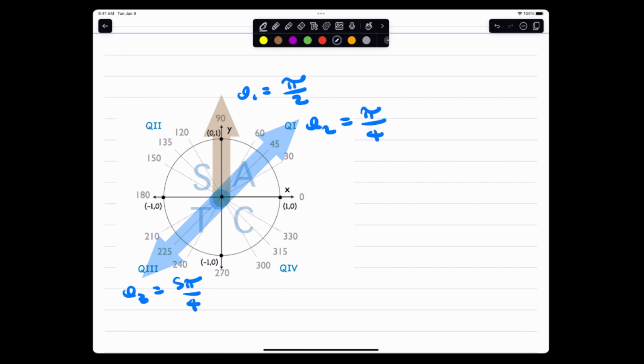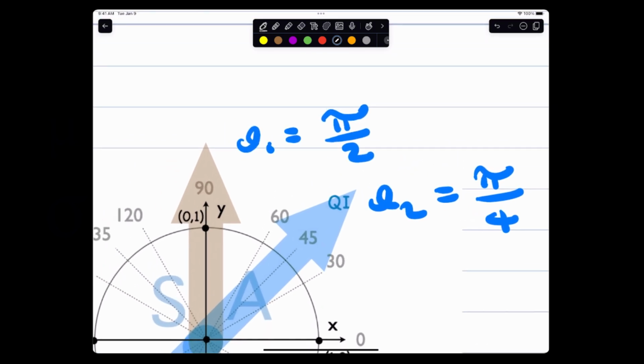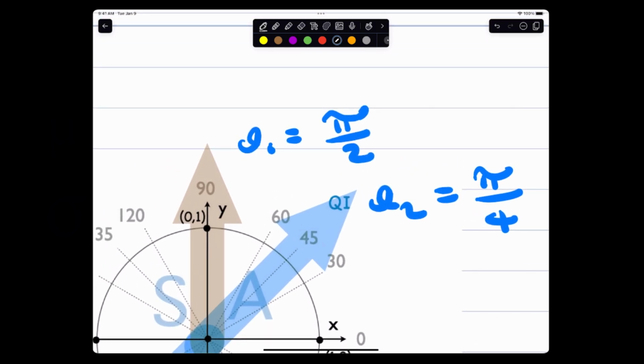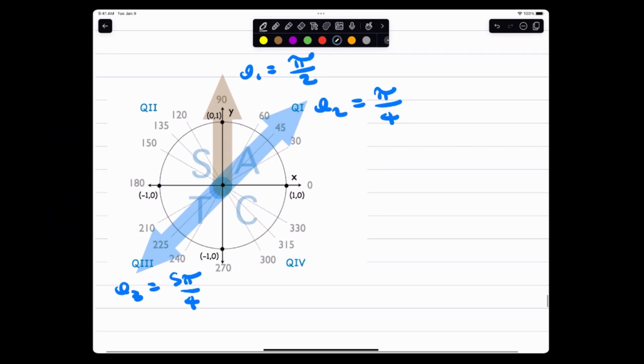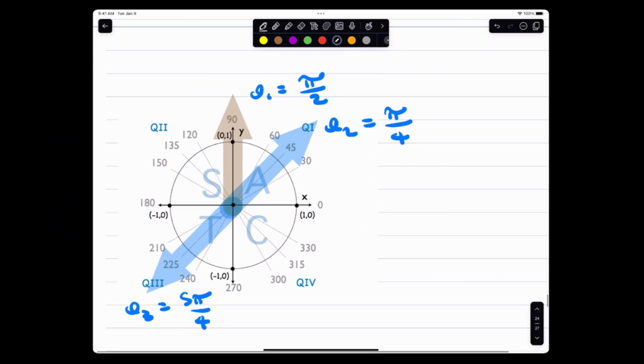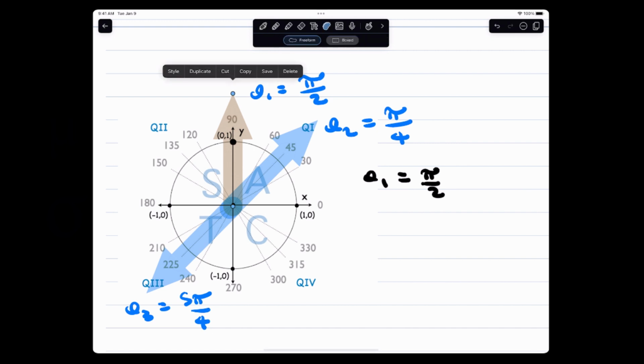General solution here. Okay, now notice the first solution is theta 1 here, right? Which is pi over 2 now. So how do I get the general solution for theta 1? We start with the particular solution of pi over 2. And then what do we notice about this? If this is our terminal point, rotate what? 1 revolution, 2 revolutions, 3 revolutions.